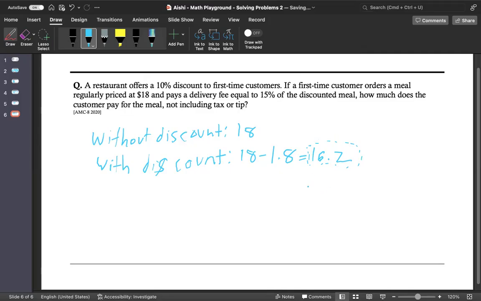So let's go with multiplying it by 1.15. 16.2 times 1.15 is 18.63. So which is $18.63.